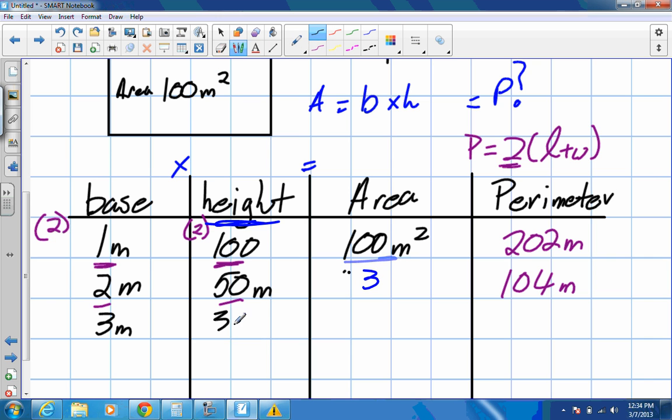So, say we added those together, we'd have 36 times 2. What are we going to get as a perimeter? 72.6. Yes, that's right.